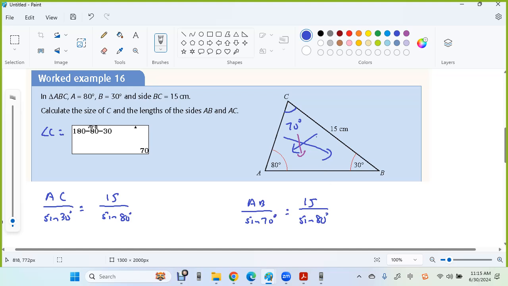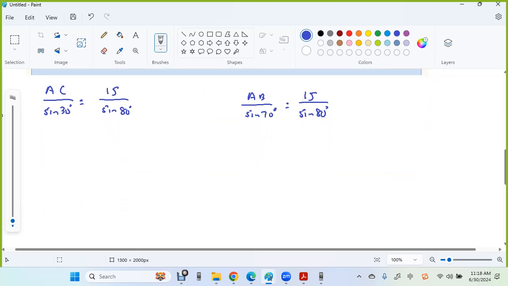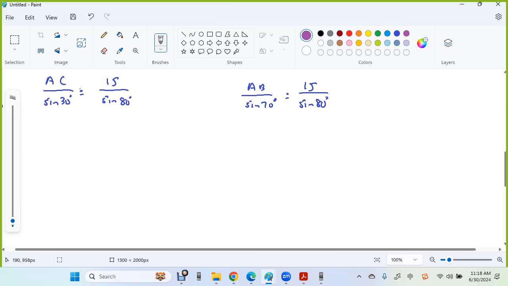We use the pair of length and angle that is given. From here we can find the lengths of AC and AB.